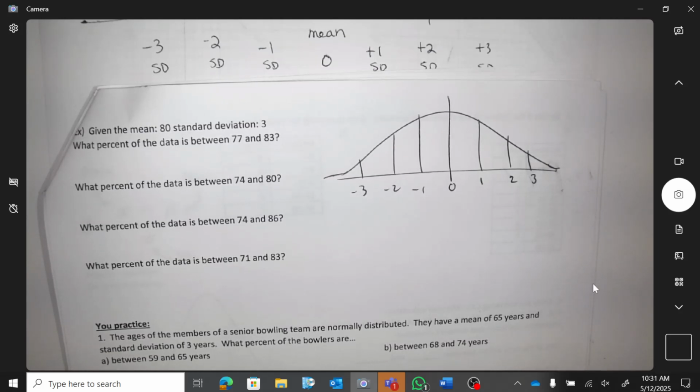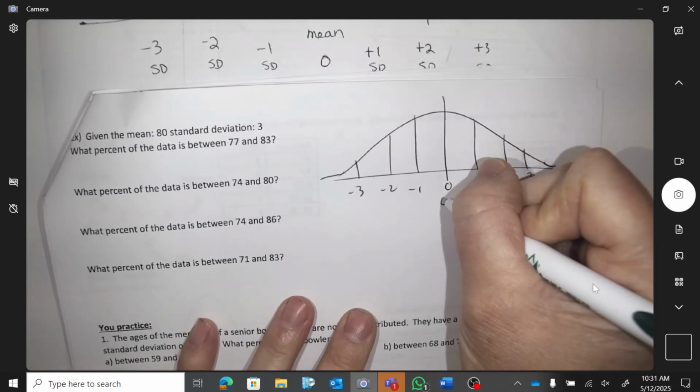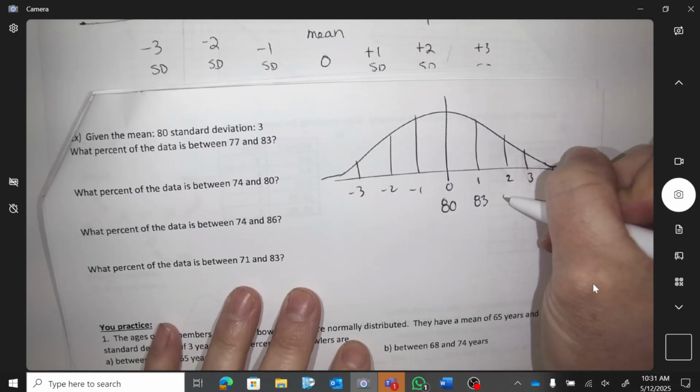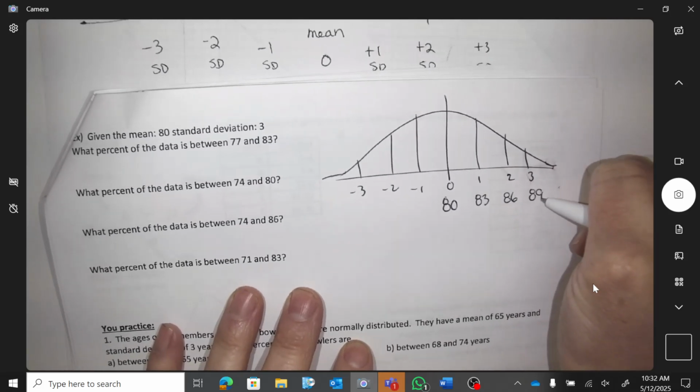This is, every time, your normal distribution curve. You need a 0 in the middle, 3 above, 3 below. Okay, 80 is considered the mean. So where are you going to put 80 on this? Right in the middle. Standard deviation is 3, so you have to go up 3, up 3, up 3.